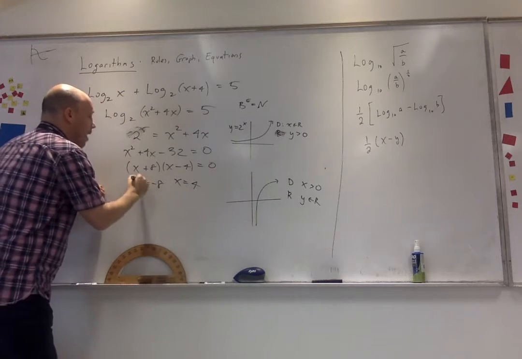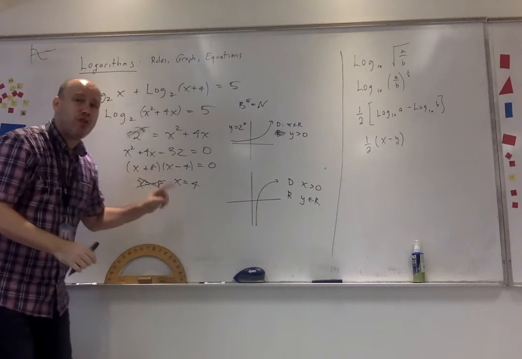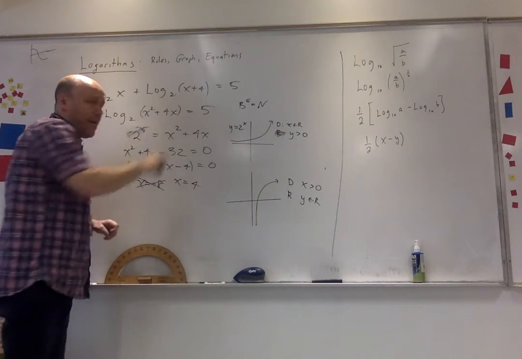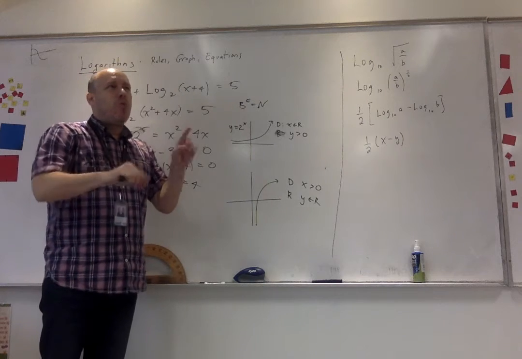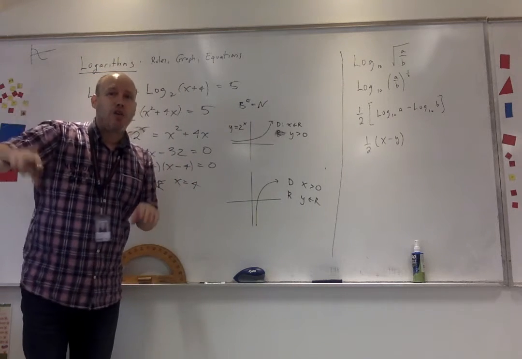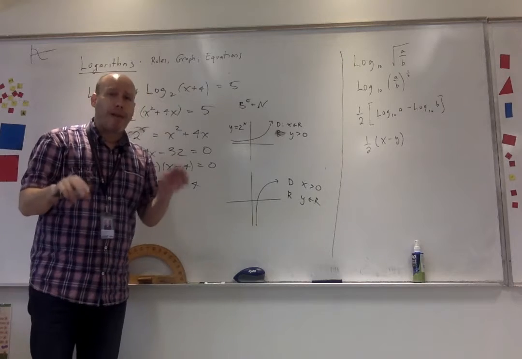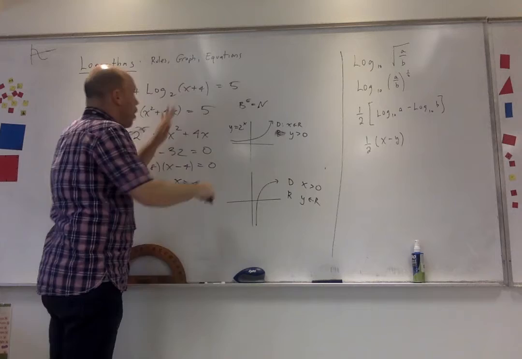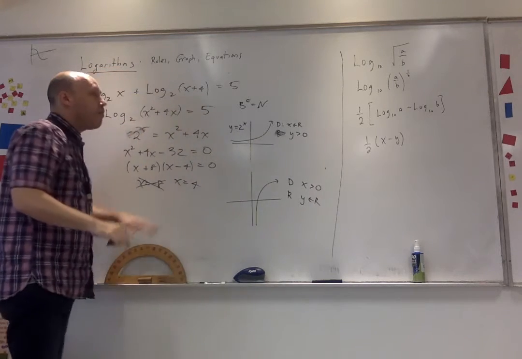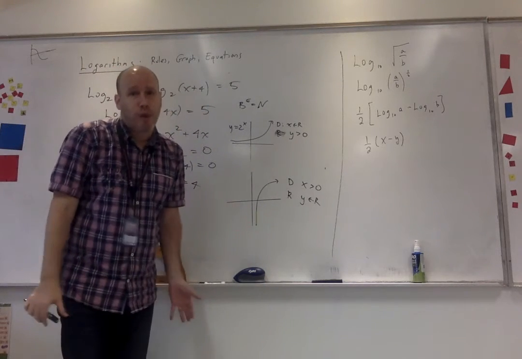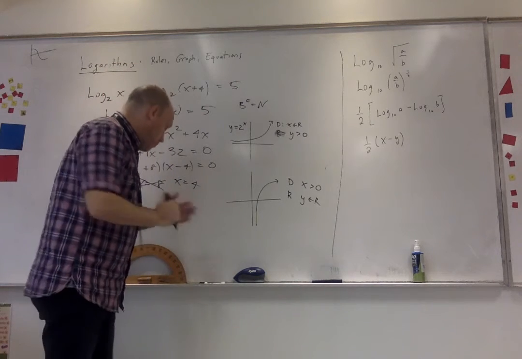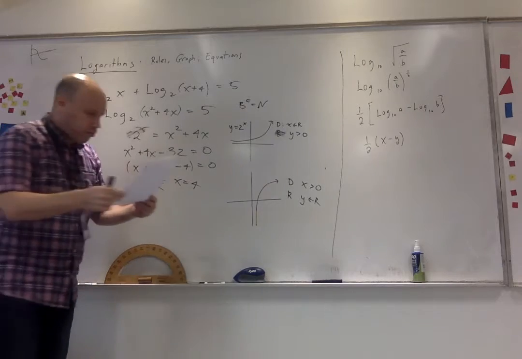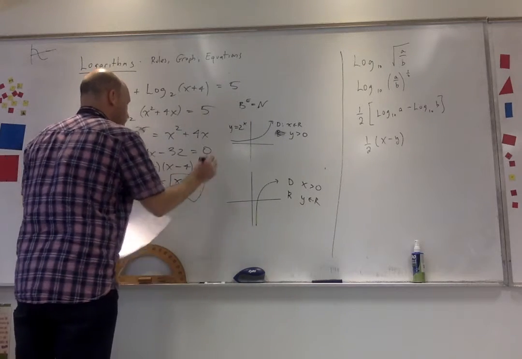So we can't have that. This goes. You have to check your solutions. Am I putting negative numbers in my logarithms? We can't have that. You will be able to have this when you go to college and study complex analysis and complex numbers, but in this class, logarithms are real, you can't have negative numbers in here. That might be something to explore for your exploration, complex numbers. So, x equals 4.